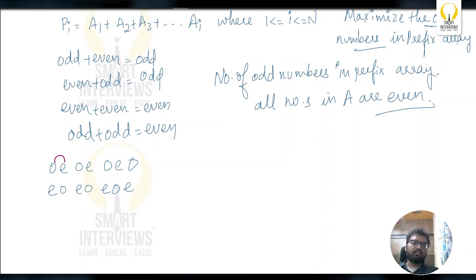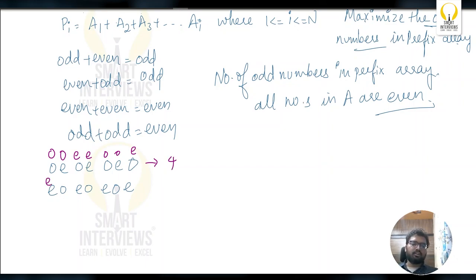Odd is already there, so the number of odd is already 1. Odd plus even is again odd, odd plus odd is even, even plus odd is odd, odd plus even is odd, odd plus odd is even. So if you look here, there are 4 odds.